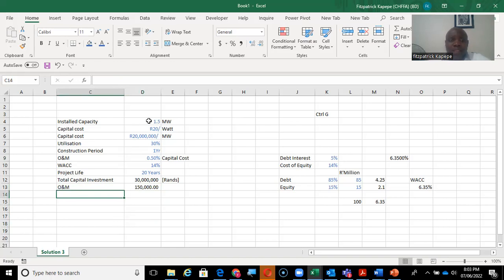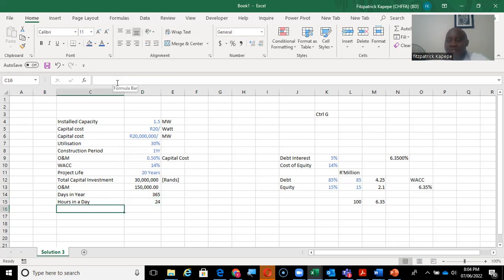Then here now, we also need to actually convert this to energy. So we know that days in a year, we have been given 365, and the hours in a day is 24.